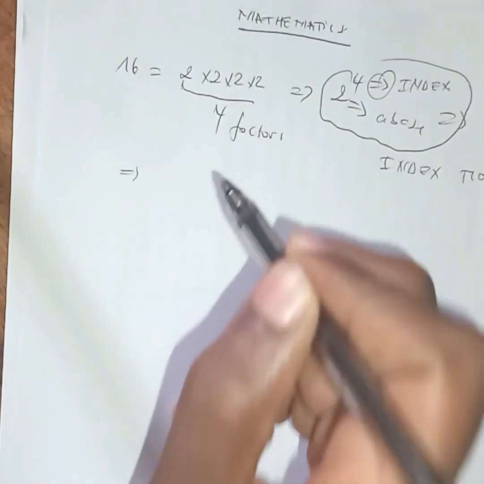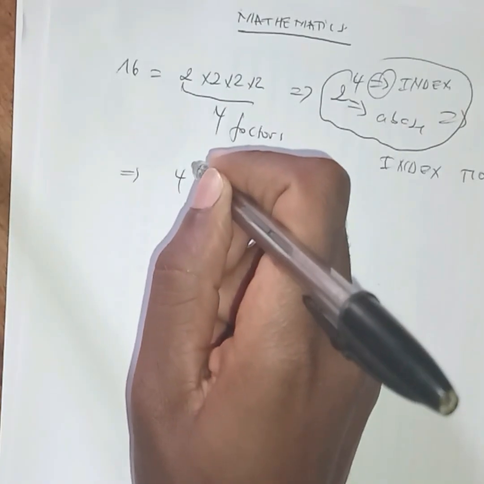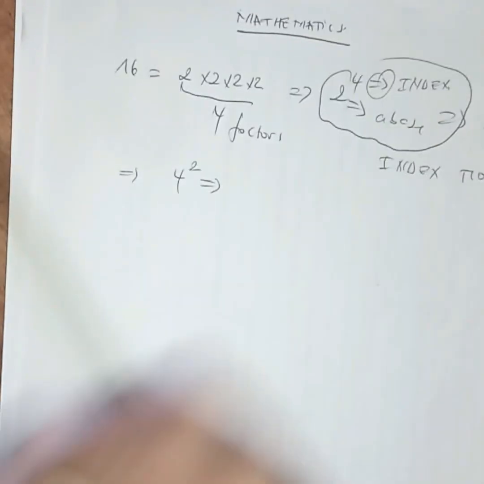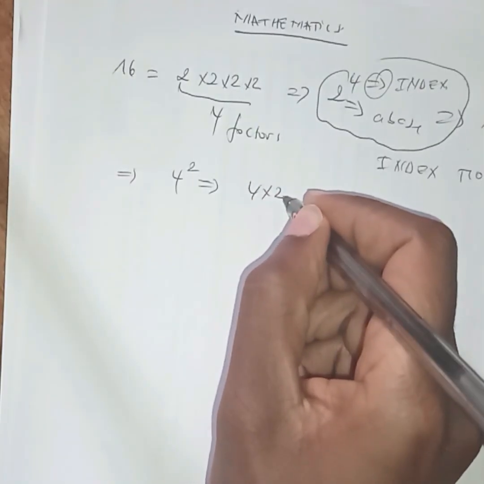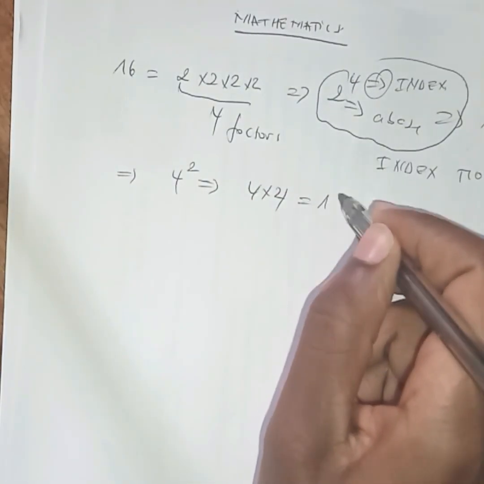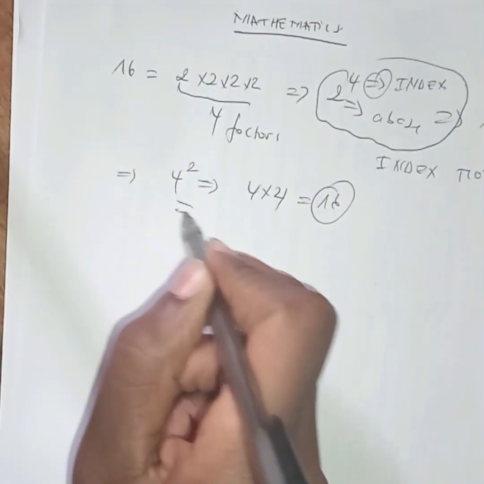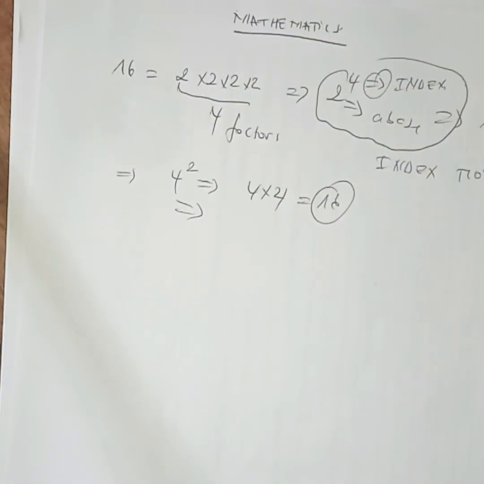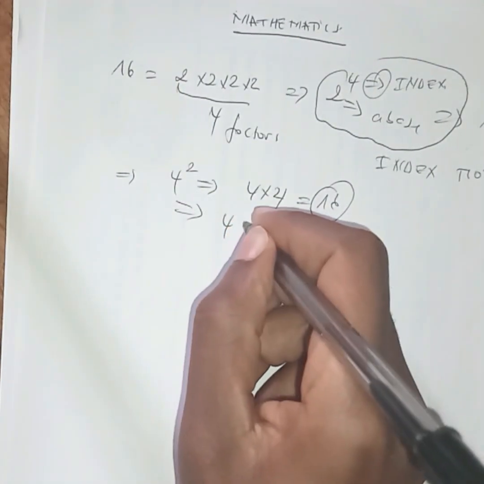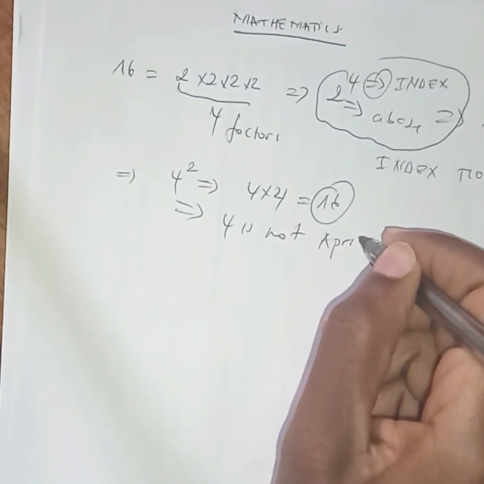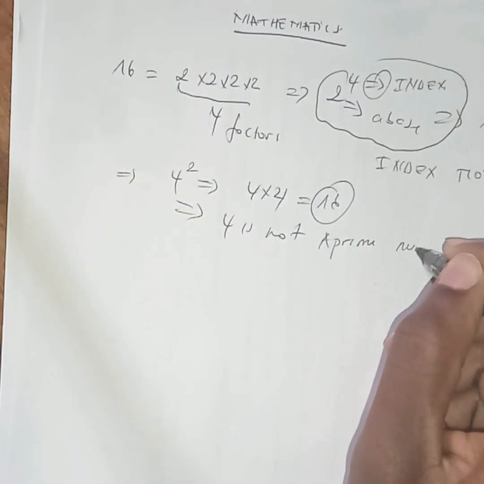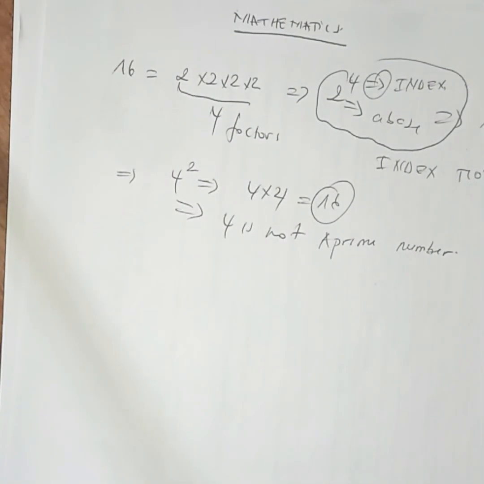We can't write 4 power 2 for 16, although 16 is also equal to 4 times 4. This is not index notation because 4 is not a prime number. Why?